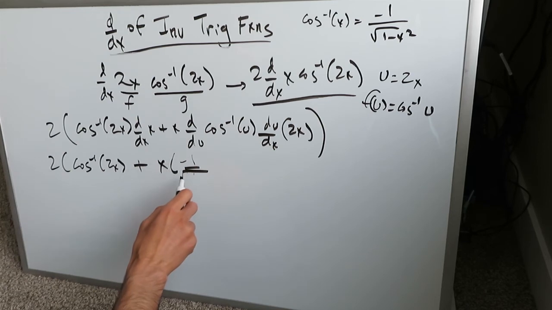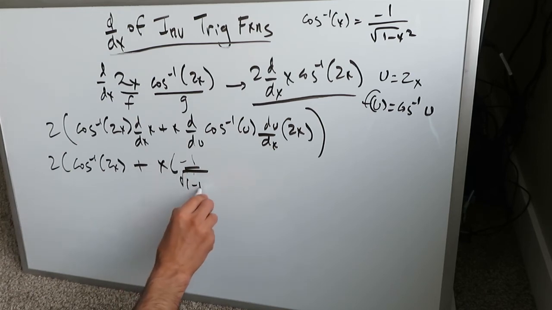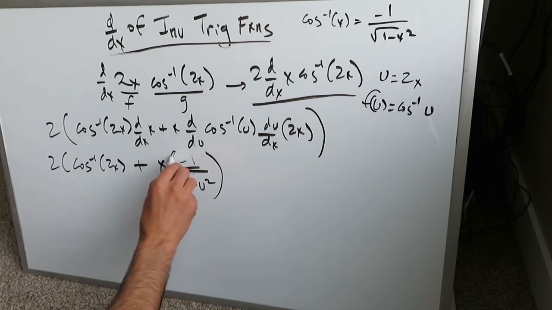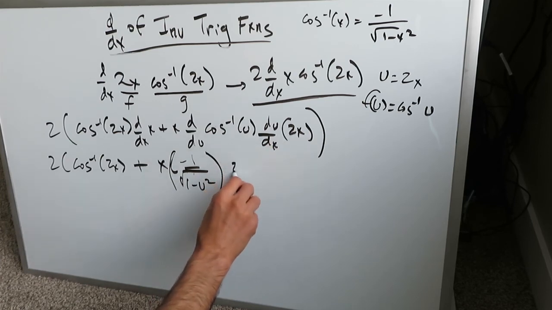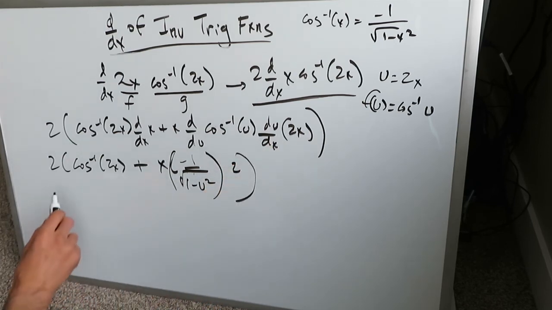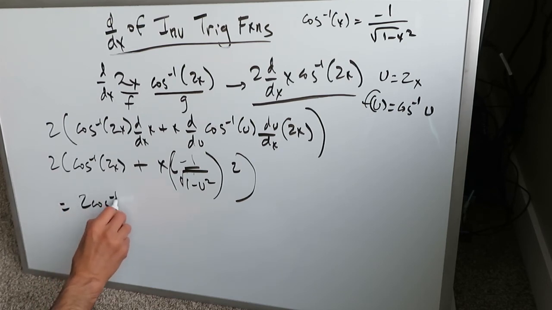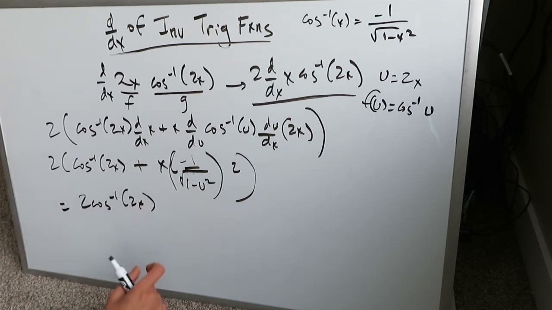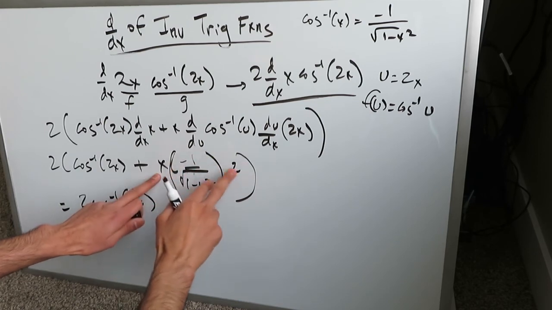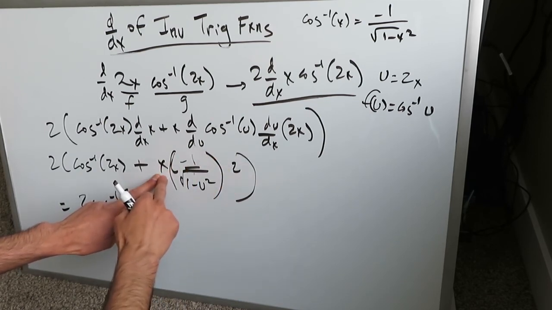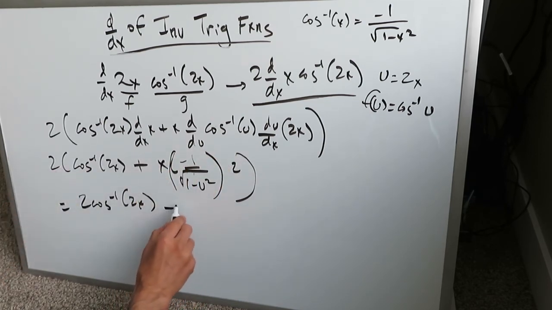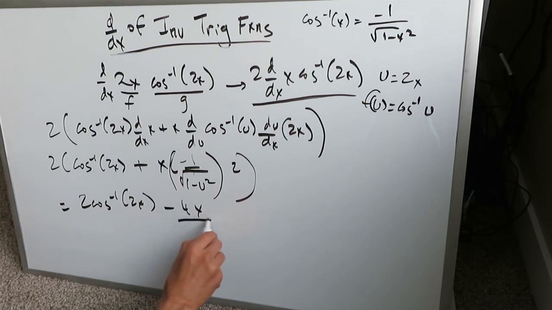It'll be minus 1 over root of 1 minus u squared. And the derivative of 2x is just a 2. Open things up. 2 times that is a 2 cosine minus 1 of 2x. Minus 1 times 2 times x times that 2 is a minus 4x over root of 1 minus u squared.